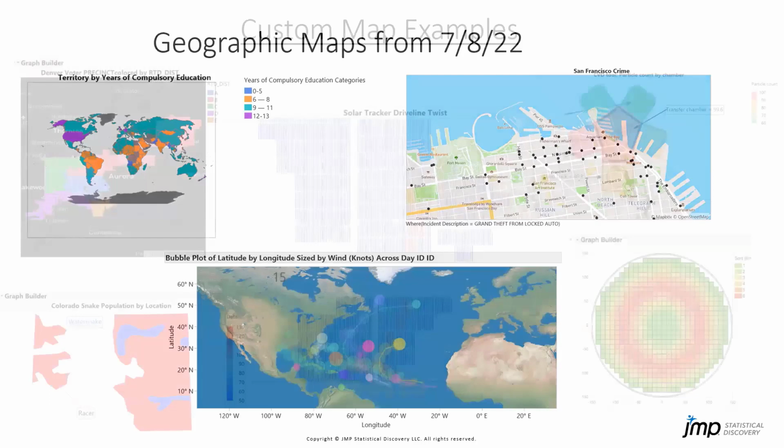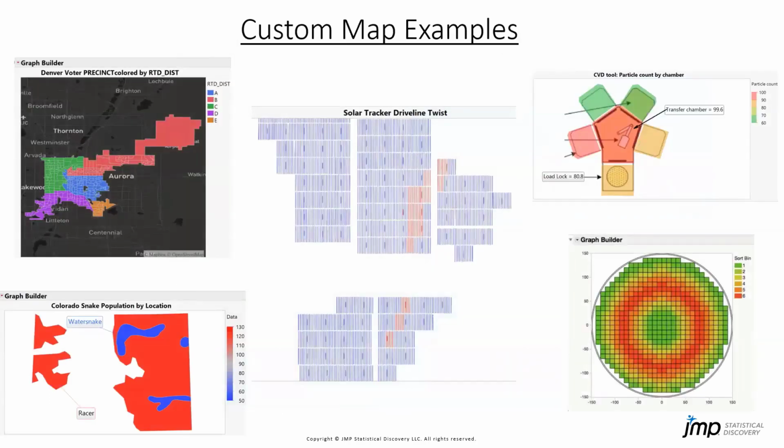Now for what we're going to look at today on the custom maps, really it's wide open. This is just a brain teaser of what's potentially out there. There's a ton of stuff on the community. On the left, of course, you'll see some Denver and Colorado. Yes, I'm based out of Colorado.